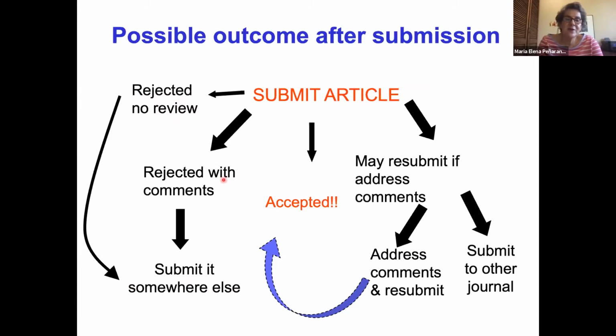You're rejected with comments. This is more usual than being rejected with no review, and this is more advantageous to us because the comments will help you submit somewhere else. The comments will usually reveal gaps in your article, problems with your data, not enough proof about what you're trying to prove.